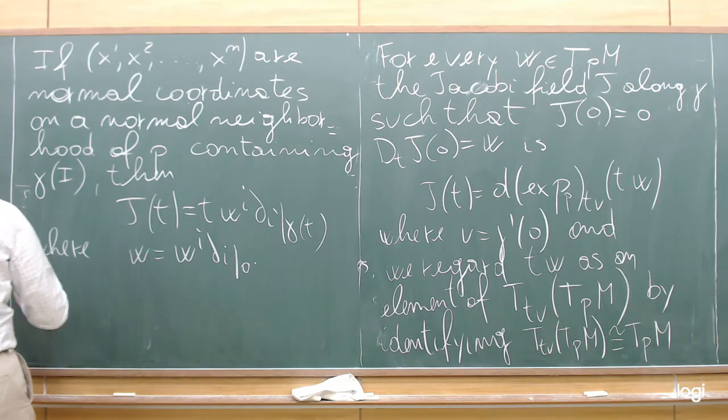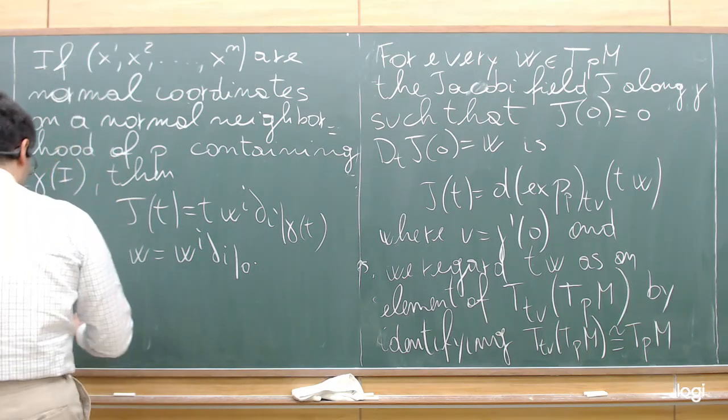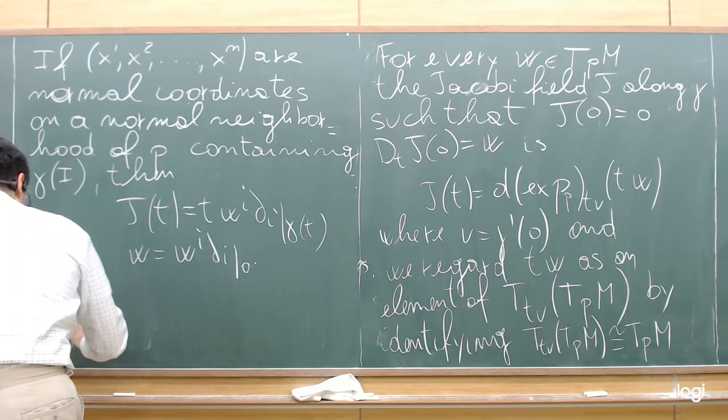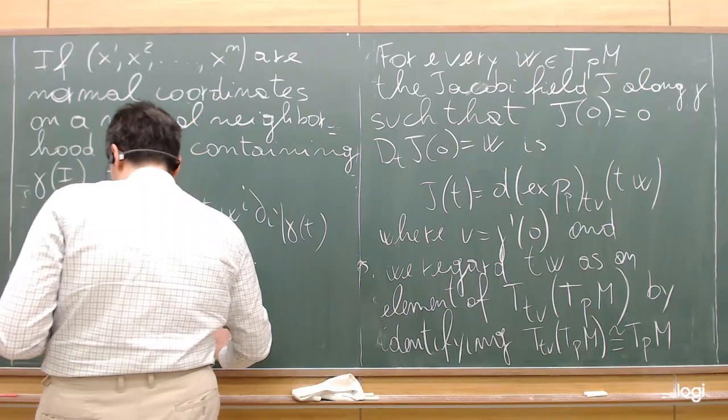So if you want to prove this result, we use the previous lemma. So we have that J is the variation field of the variation through geodesic gamma ST equal to this formula.